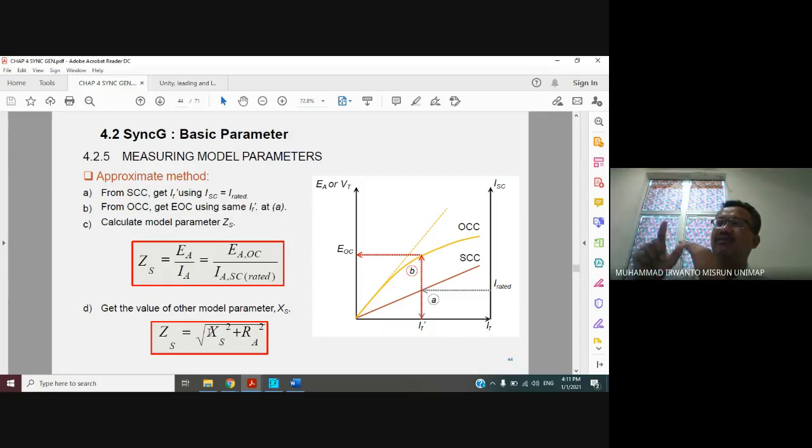If you want to find the value of ZS, ZS is equal to the square root of XS squared plus RA squared. Or if you want to find the value of XS, XS is equal to the square root of ZS squared minus RA squared. You can also find it that way.